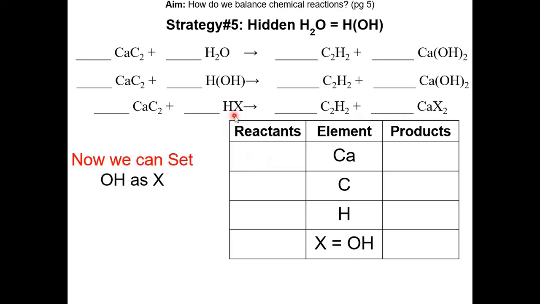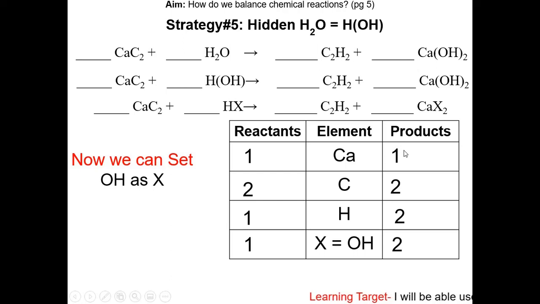Now we can use the table method to balance the chemical equation. We have 1 calcium, 2 carbon, 1 hydrogen, and 1 X on the reactant side. On the product side, we have 1 calcium, 2 carbons, 2 hydrogens, and 2 X. So to balance this chemical equation, we need to double the amount of hydrogen in hydroxide.